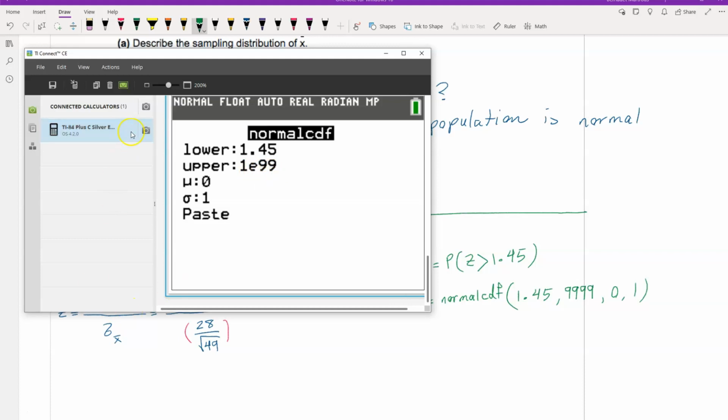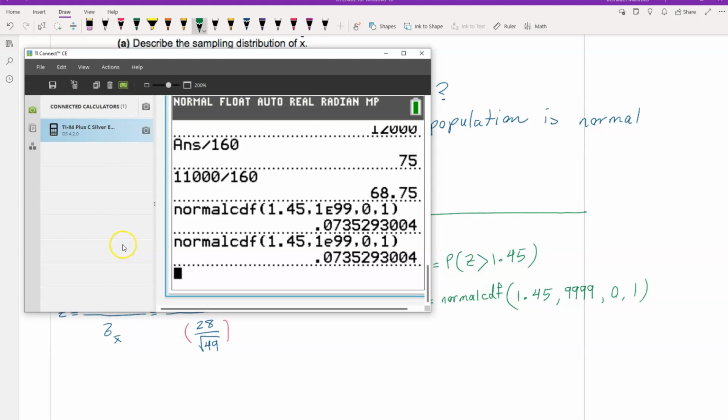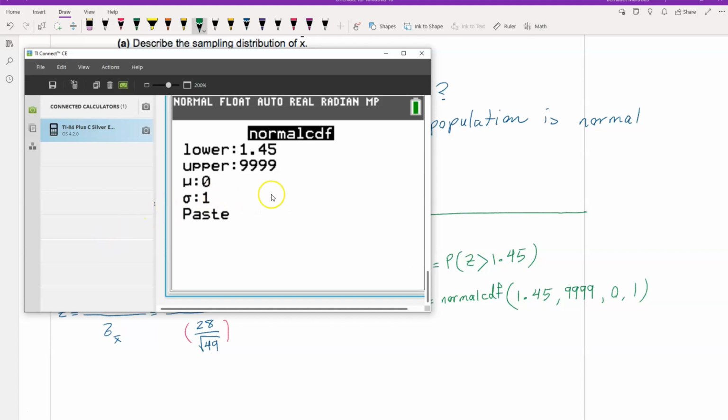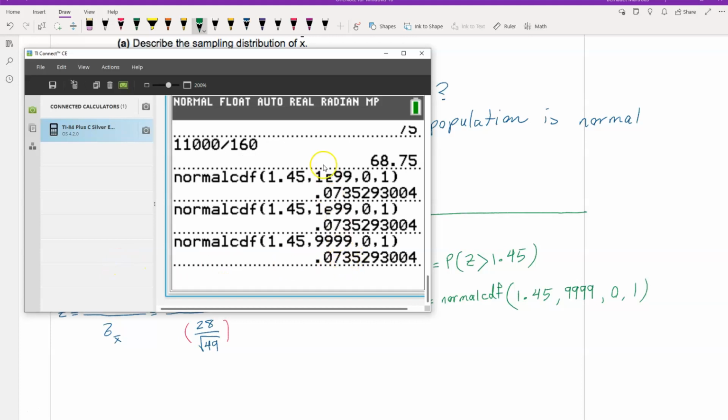Enter, enter, enter. Here is our answer, the same answer. Again, second VARS, normal CDF. Now I entered 9999 because we're trying to have a large number. Enter, enter, enter. Again, I have the same answer. So in all these three cases, we had the same answer.